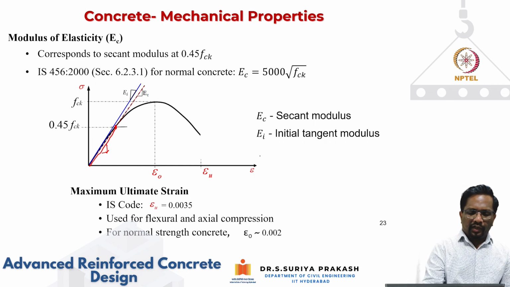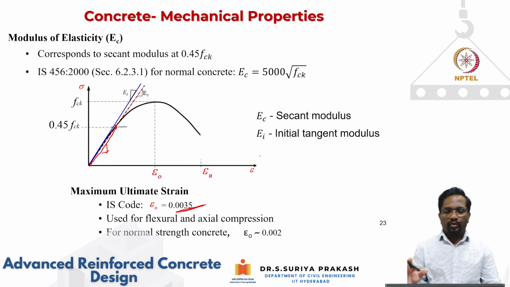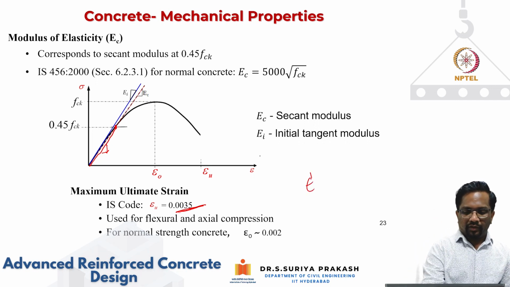And again, what is the ultimate strain that is specified by the code? For normal strength concrete, it is 0.0035. So we talked about epsilon CO, the failure strain or ultimate strain. The value recommended by code for design application is 0.0035. And the peak strain, epsilon prime C, that we talked about, for concrete strength up to 55 megapascal, the code says that you can take it as 0.002.